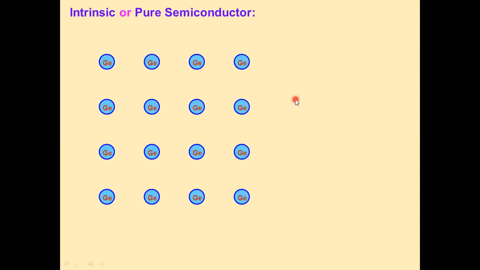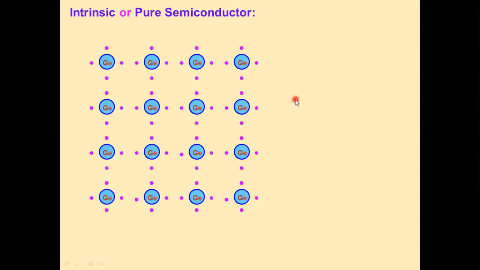Next, we'll see the types of semiconductor. There are two types of semiconductor: intrinsic and extrinsic. What is an intrinsic semiconductor?